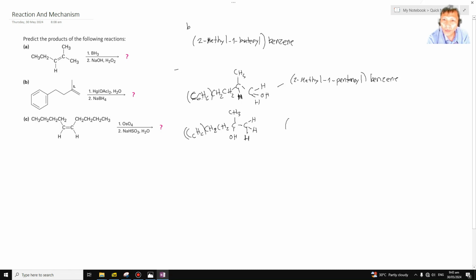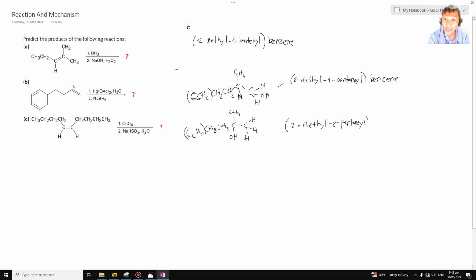Or your answer might be a 2 methyl 2 pentanoyl. There's only a small difference. Again, there might actually be two products. Both of them will occur, but you have to find the details.